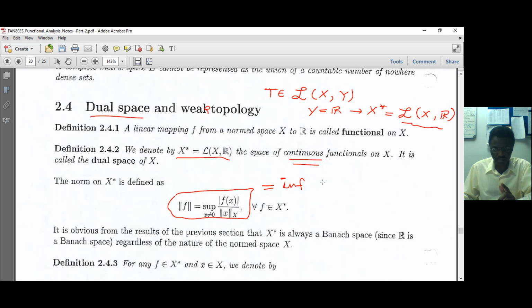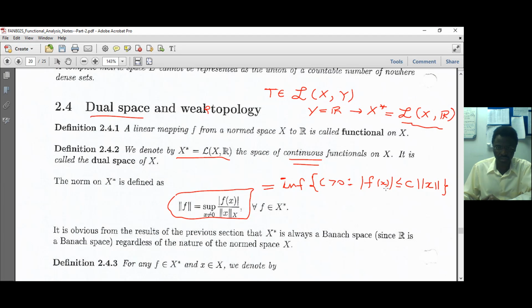It's the infimum of all constants C, of course C positive, such that the absolute value of f of x is less than or equal to C times the norm of x. This infimum of all such C is given by the norm of f.